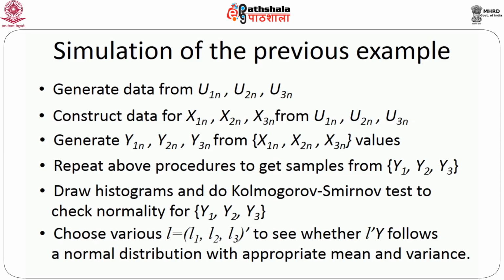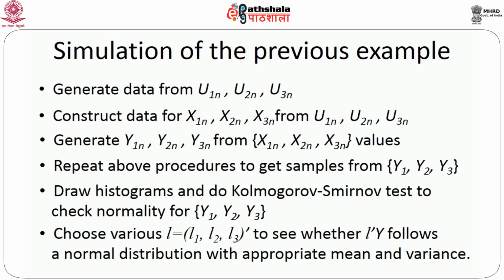Now, up to this is fine, because we can be assured about the convergence of the univariate random variables, or actually the sequences of univariate random variables, y1n, y2n, y3n. But how do we ensure multivariate normality? One easy way is to choose various values of L, that means L1, L2, L3, to see whether L prime y follows a univariate normal distribution with appropriate mean and variance.